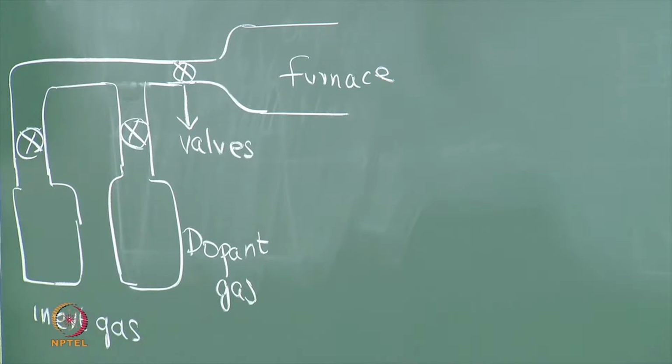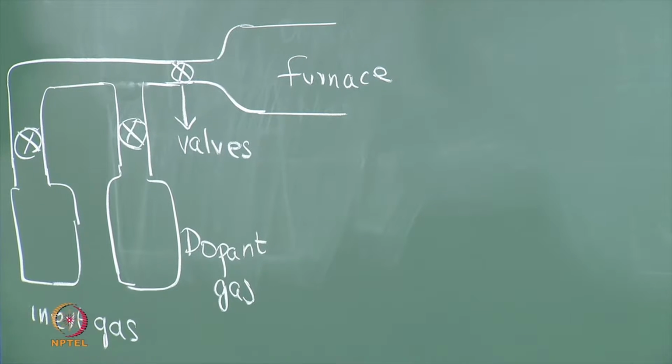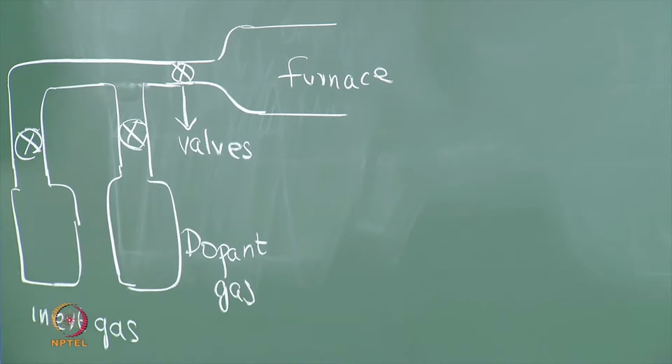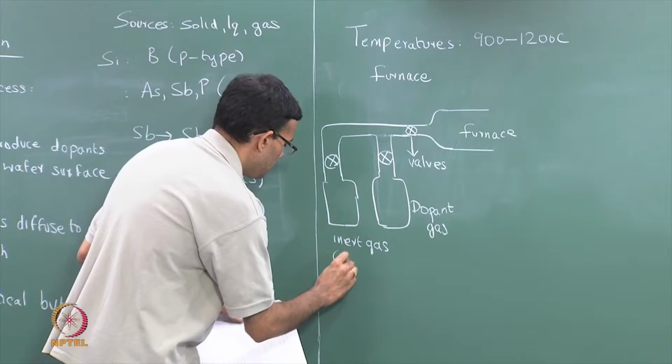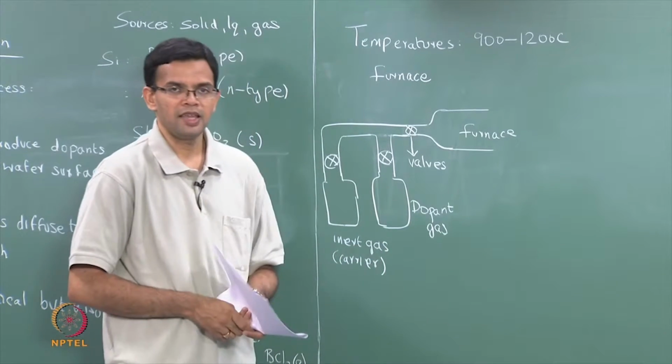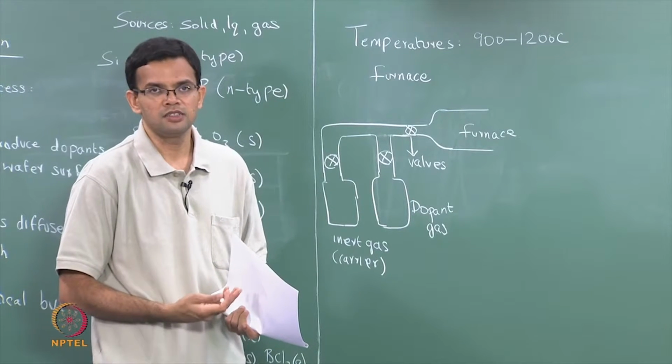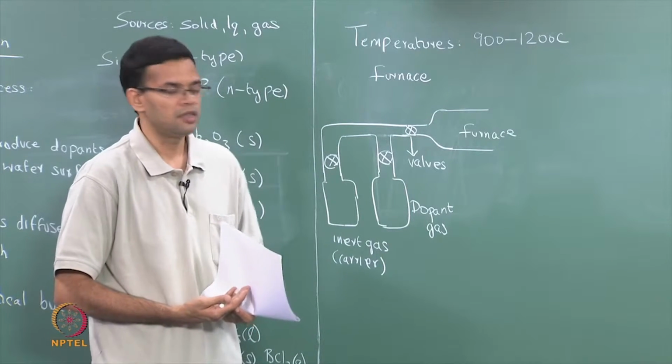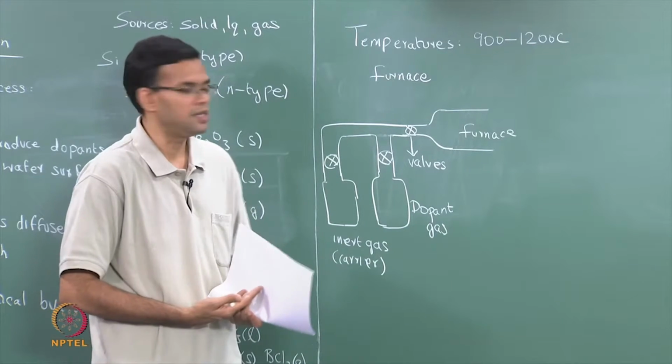So if you look at a simple gas based dopant working with a furnace, you have an inert gas that usually acts as a carrier. You have the dopant gas. So, in the case of arsenic, this could be AsH3. In the case of boron, this could be BCl3.